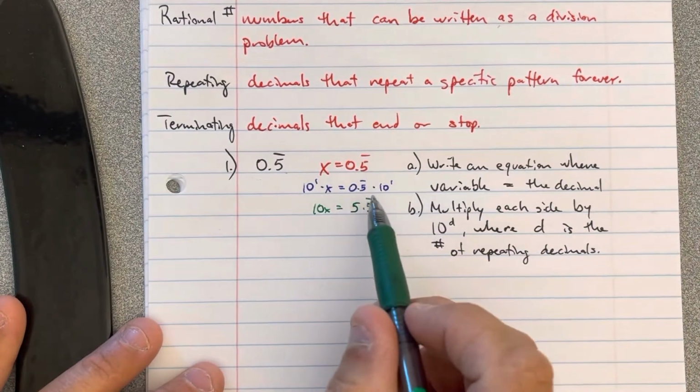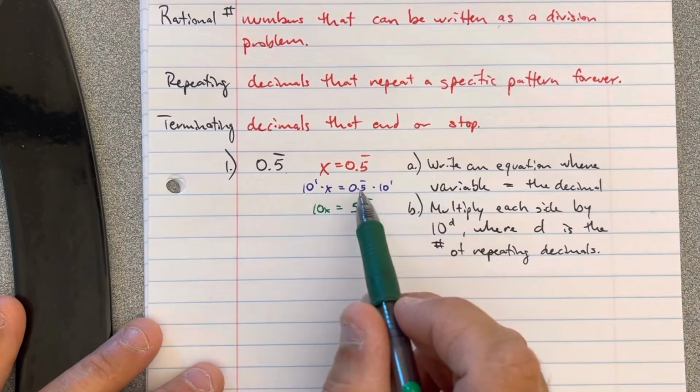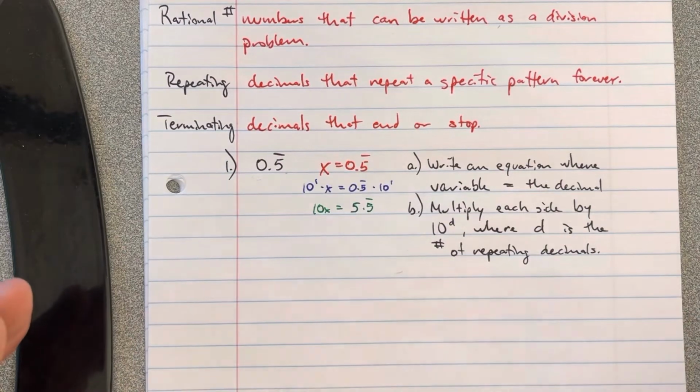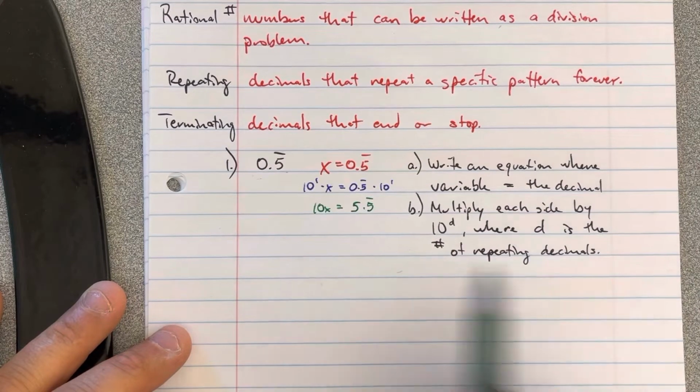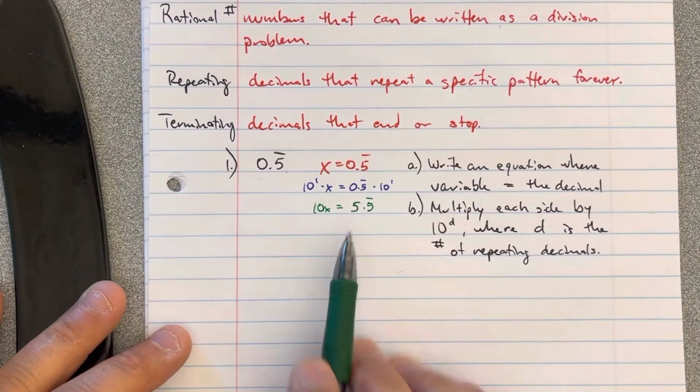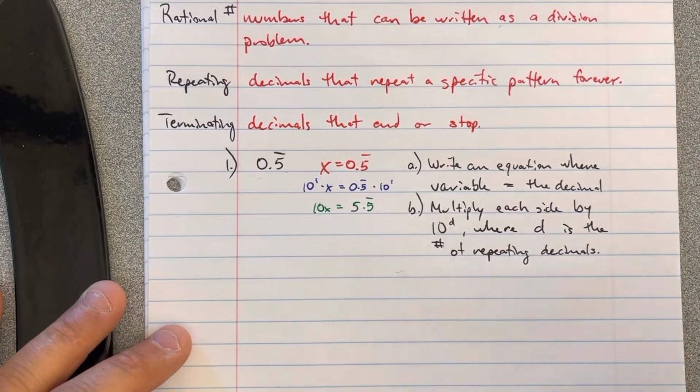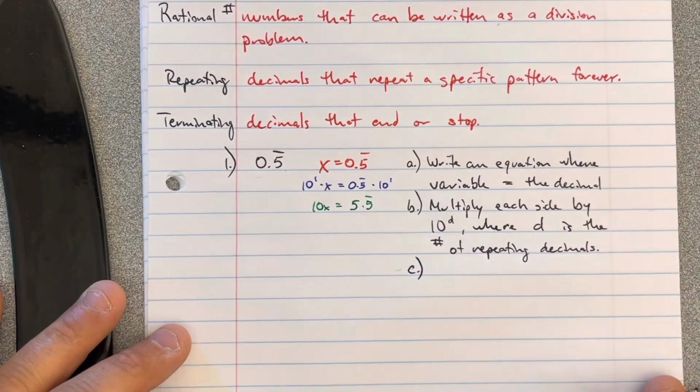5.5 repeating is 5 point something, but that something is this 5 being repeated over and over again. Then this is where it gets tricky.